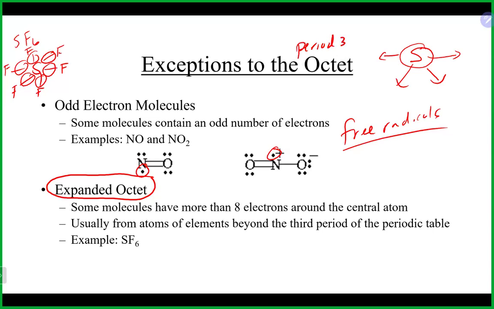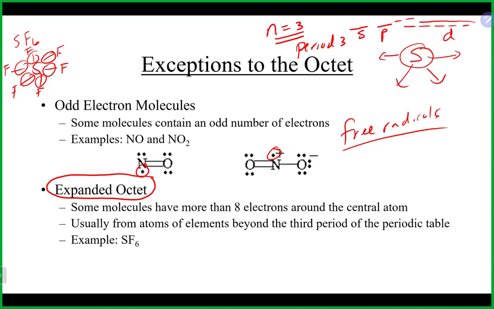And if you remember, period number 3 on the periodic table is the 3rd energy level. What orbitals are on the 3rd energy level? There are S's, right? There are P's. And it's the 3rd energy level that we first start to see what orbitals? We first start to see our d orbitals, right, occur.